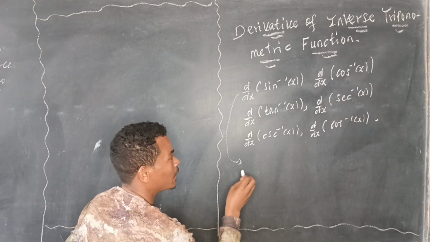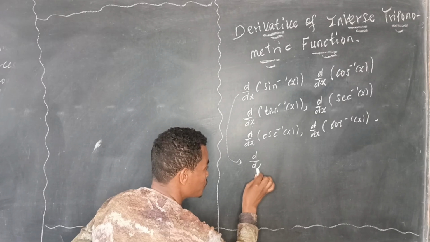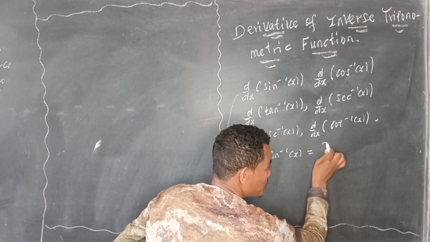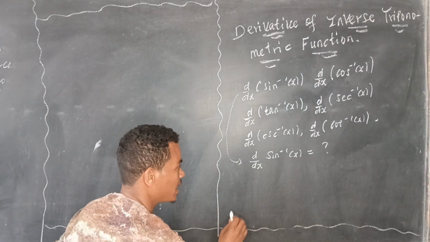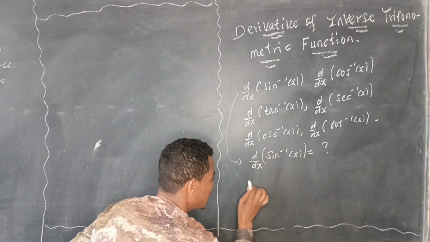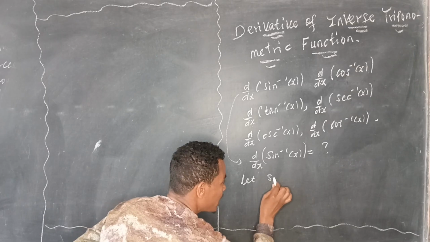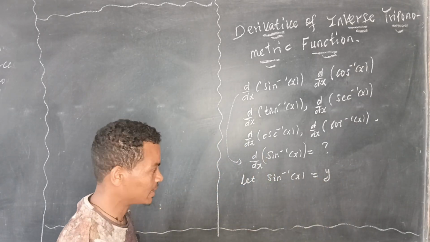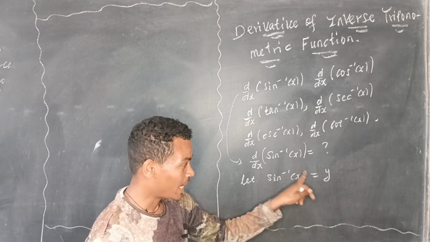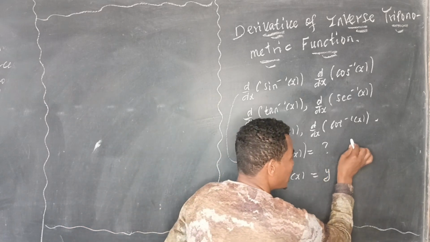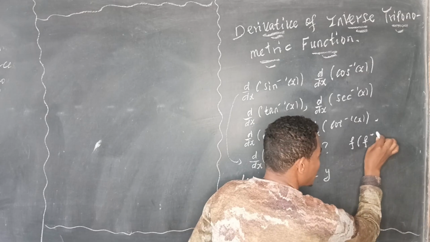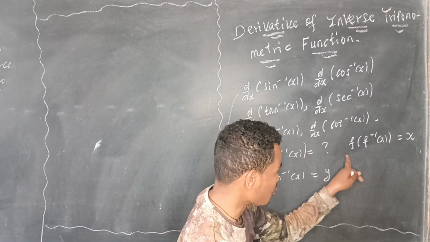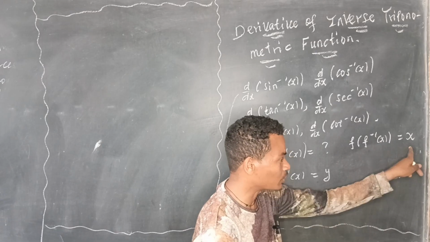So let's start with d by dx of sine inverse of x. Let sine inverse of x be equal to y. First of all, we have to know that f of f inverse of x is equal to x.